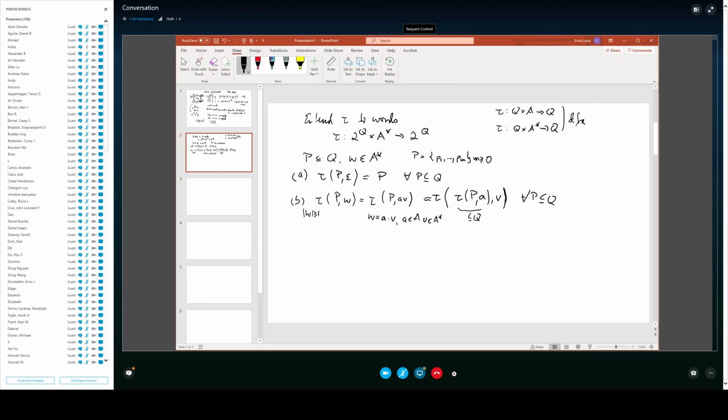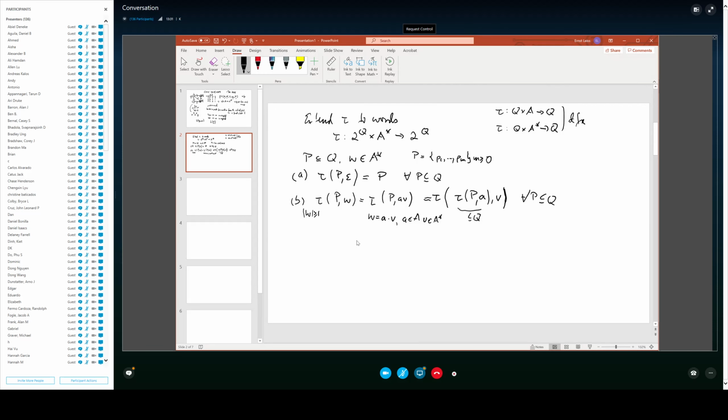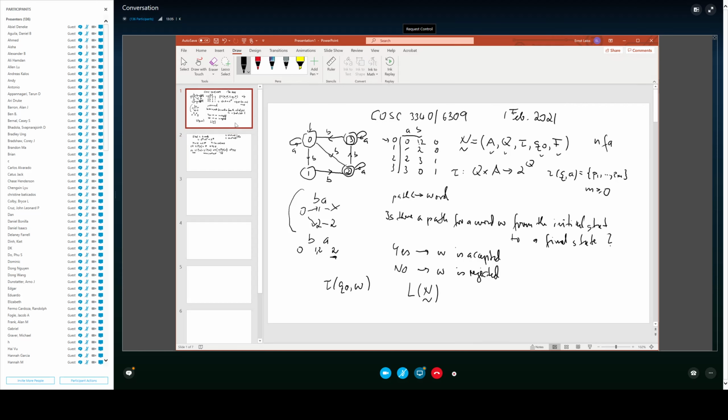And so this is a rather important sleight of hand that we did here, because effectively, if you think about it, paths can grow in number arbitrarily.